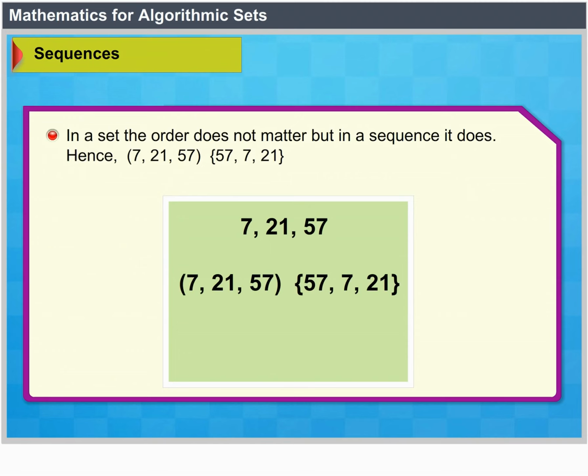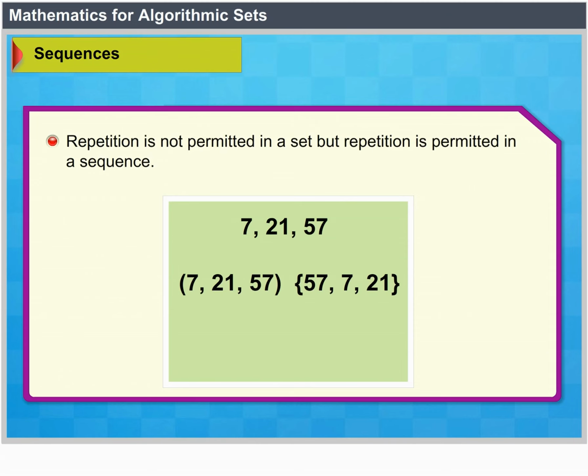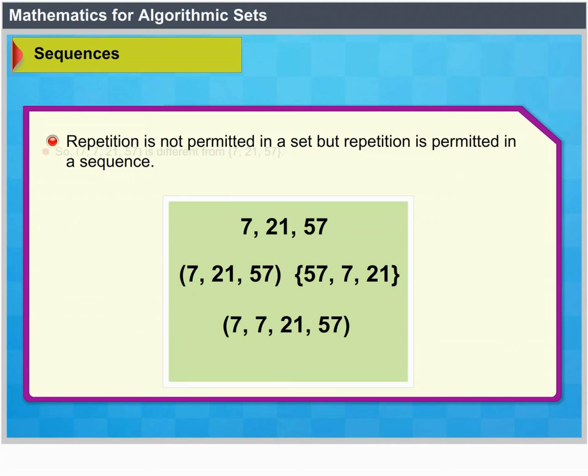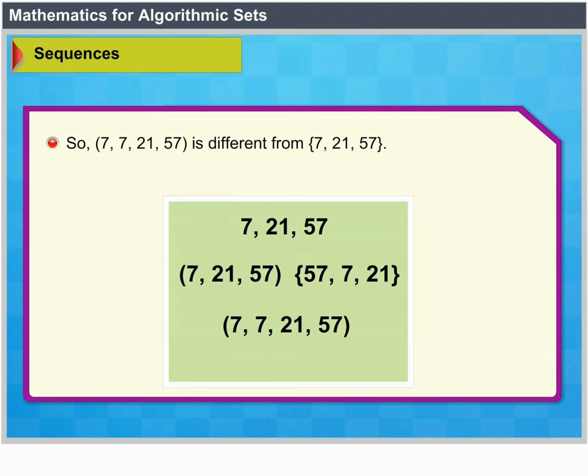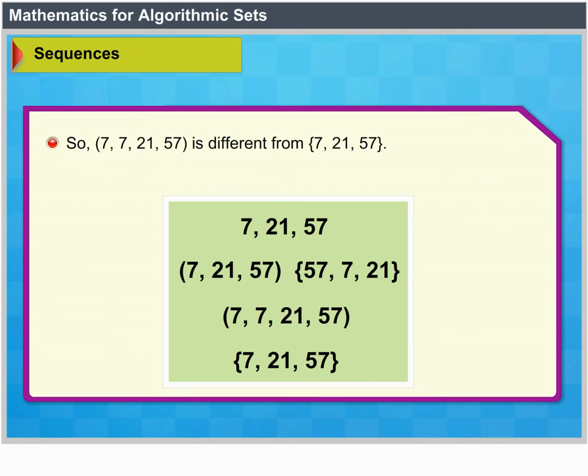Hence, (7, 21, 57) is not equal to {57, 7, 21}. Repetition is not permitted in a set, but repetition is permitted in a sequence. So, (7, 7, 21, 57) is different from {7, 21, 57}.